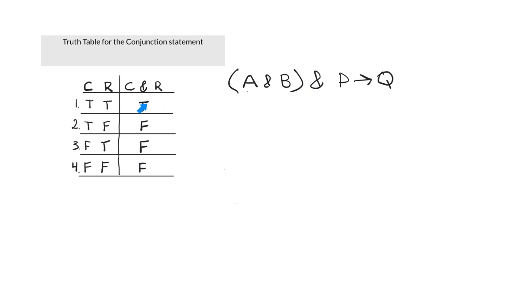So we need to be able to recognize not just the simple forms of a conjunction, the most simplistic form, but also whenever we have two statements, complicated compound statements, connected through the main operator, the ampersand, we're looking at a conjunction. It's still going to follow the same rules, such that this whole conjunction is true only when the left-hand side is true and the right-hand side, the conditional, is true. Of course, our truth table is going to look a lot different because we have four different letters here. It's going to be a pretty long, complicated truth table, but the same rule applies.